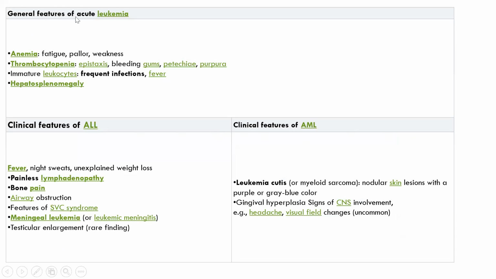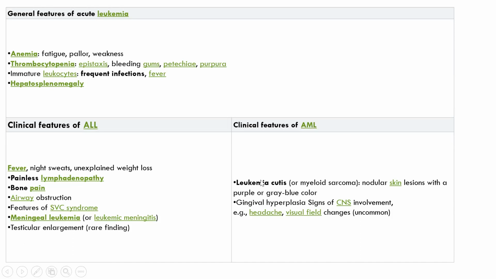So we see that for all general acute leukemias for both AML and ALL, we have anemia, thrombocytopenia, and there's also leukopenia and hepatosplenomegaly. Then for ALL, we have fever, painless lymphadenopathy, bone pain, airway obstruction, meningeal leukemia, leukemic meningitis, this is very important, and we also have testicular enlargements.